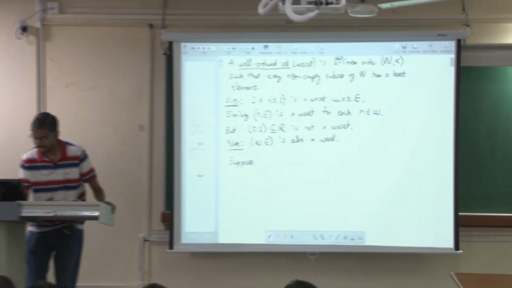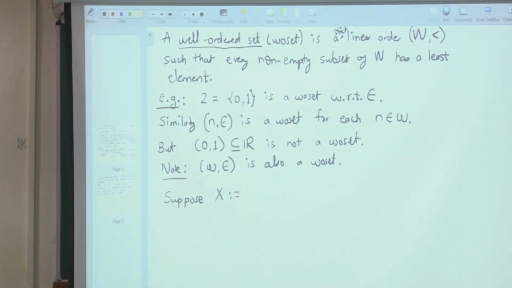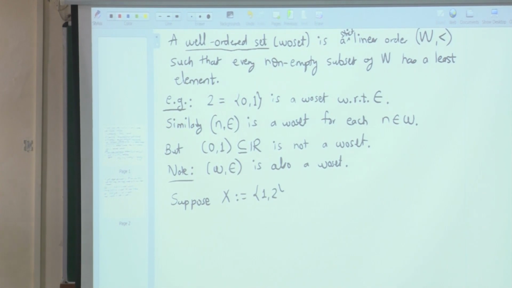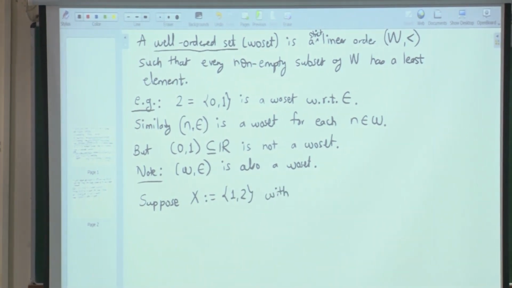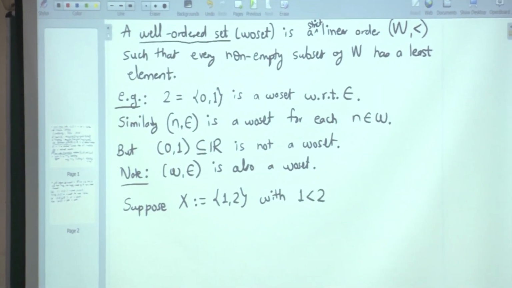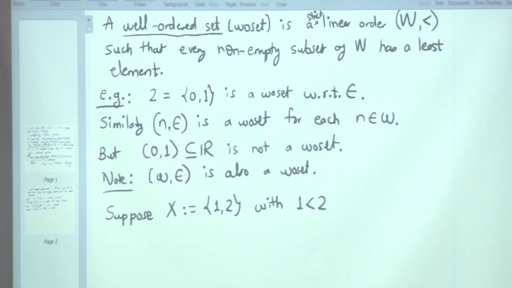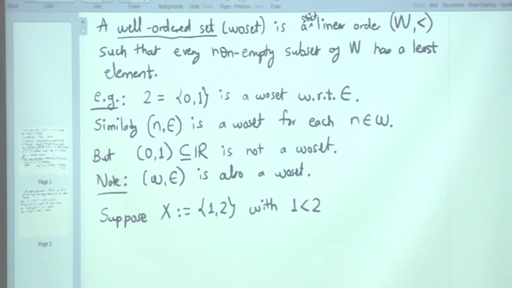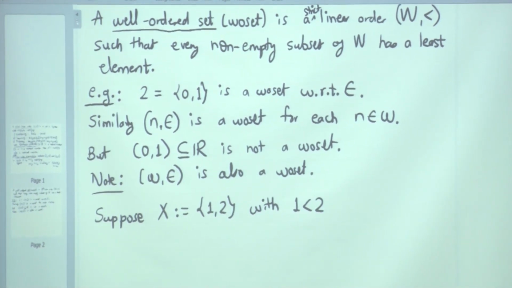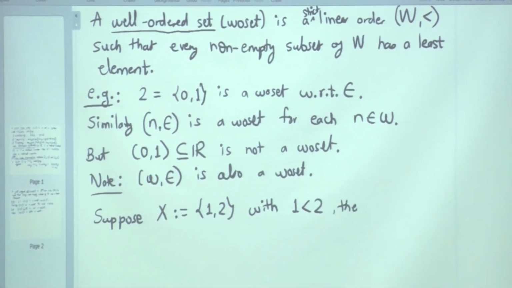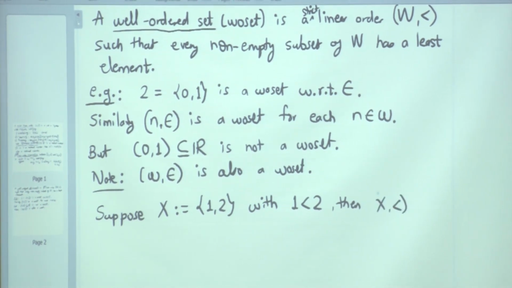I am also going to give you that suppose X is equal to {1, 2} with 1 less than 2 as the relation. So this is our less than relationship. Then is X well-ordered? Then (X, less than) is a VOSET.